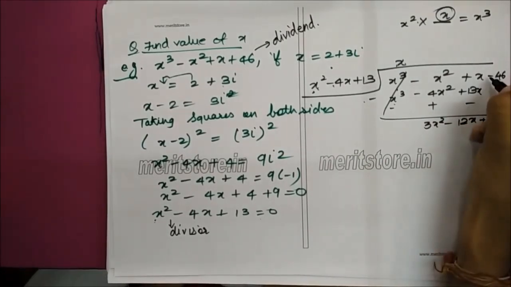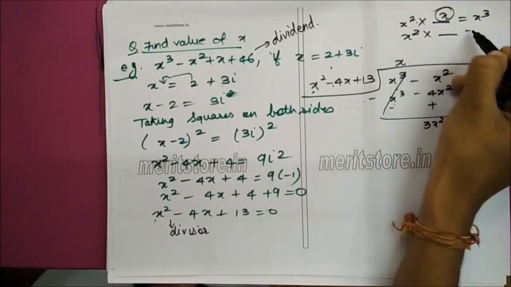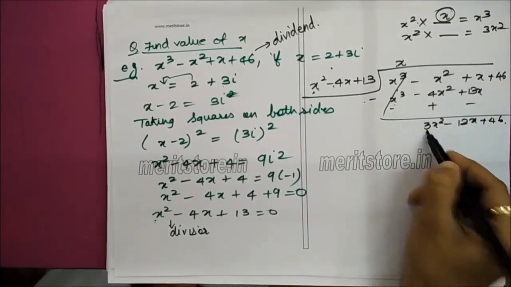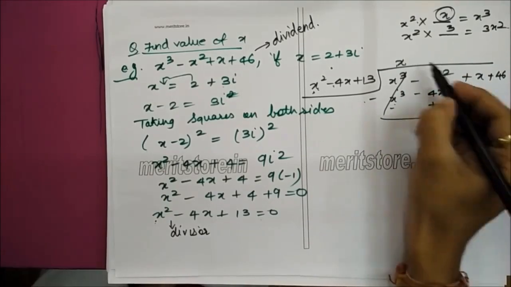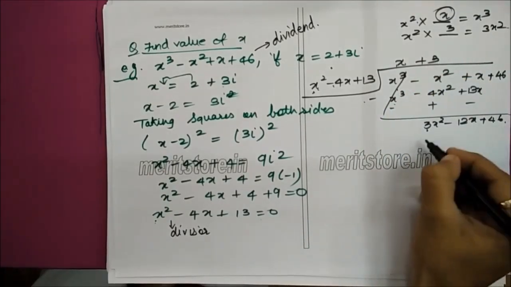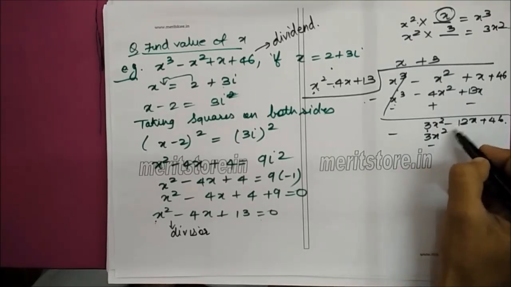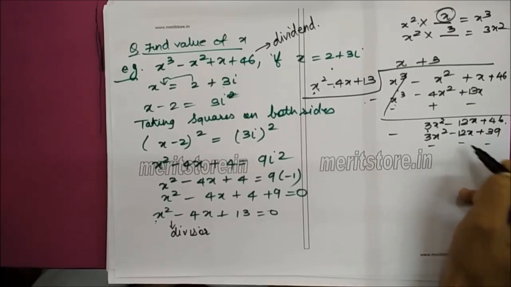After that, x² into what will give you 3x²? Now you have to see this. So here you will multiply with 3 definitely. But which 3? Plus 3. Already a minus is there. Minus 12x plus 39.